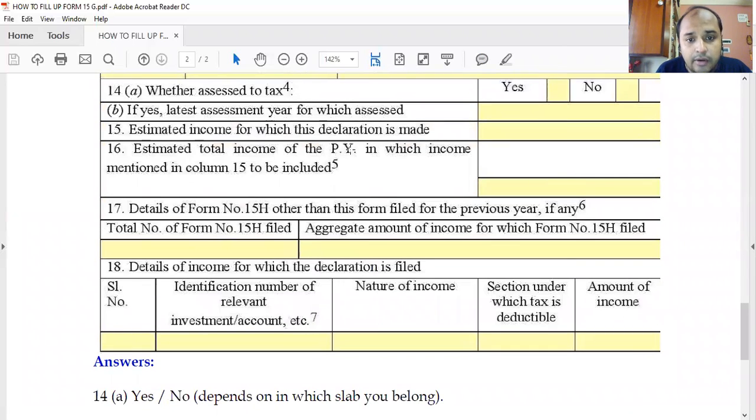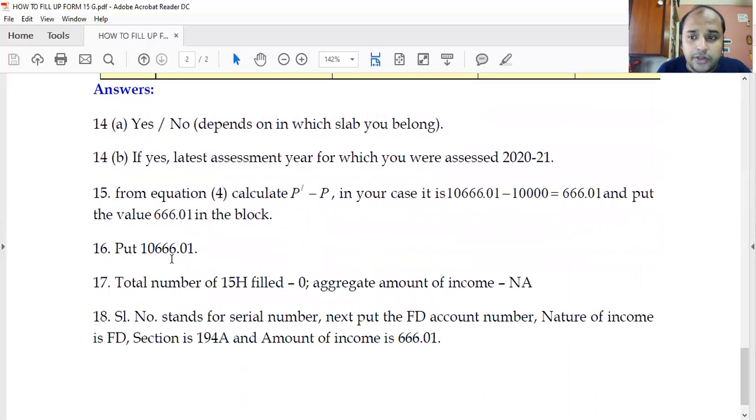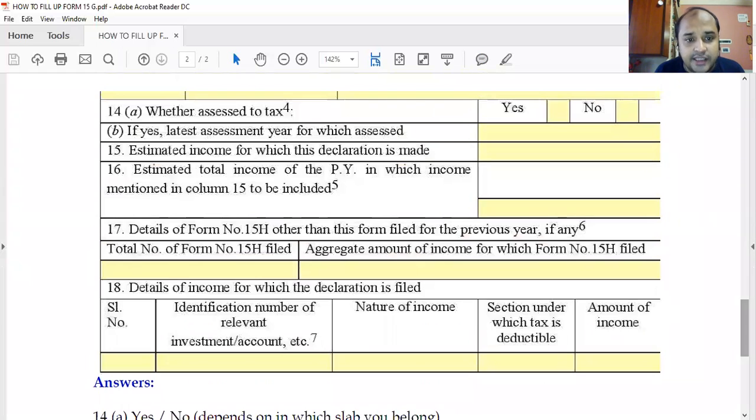Estimated total income of previous year in which income mentioned in column 15 is to be included. That means in 16, you are going to put the principal amount which you are going to get at the end of 1 year. Why is that? Because what is written is estimated income for which the declaration is made, that means the difference, 10,666 minus 10,000.